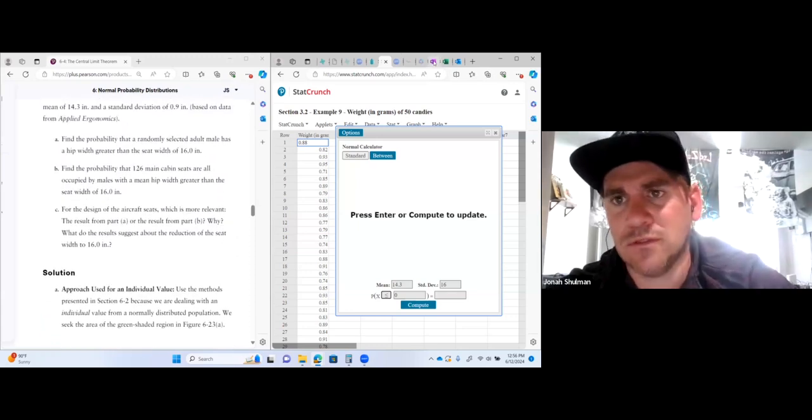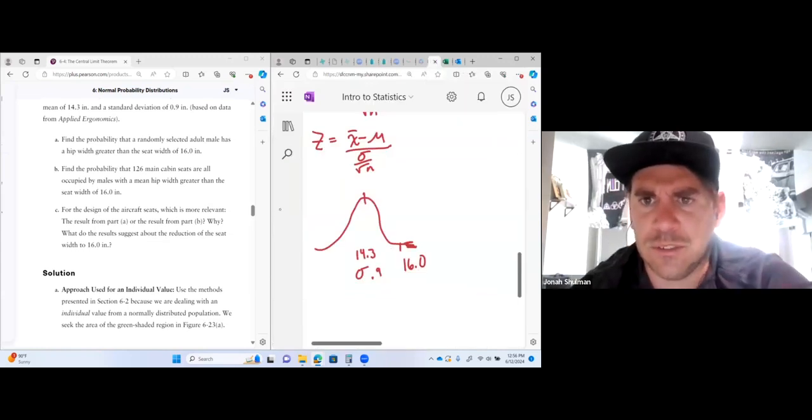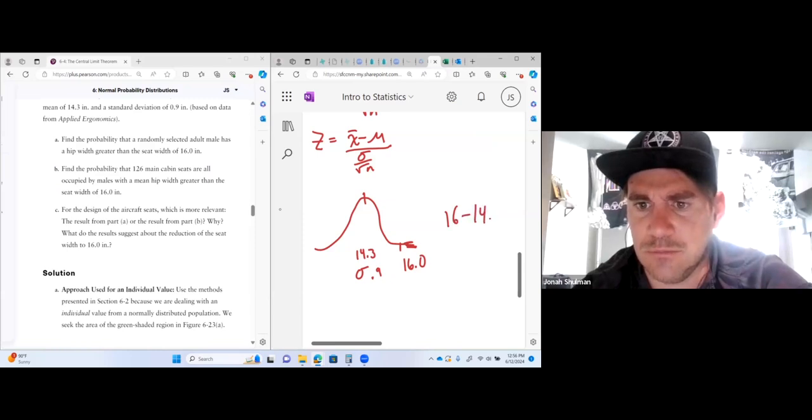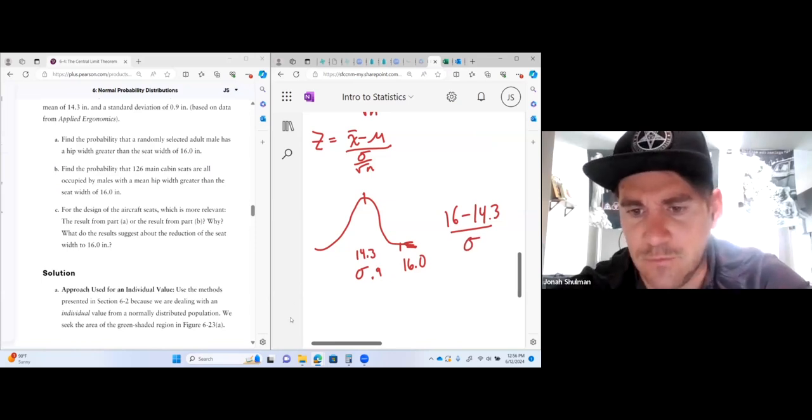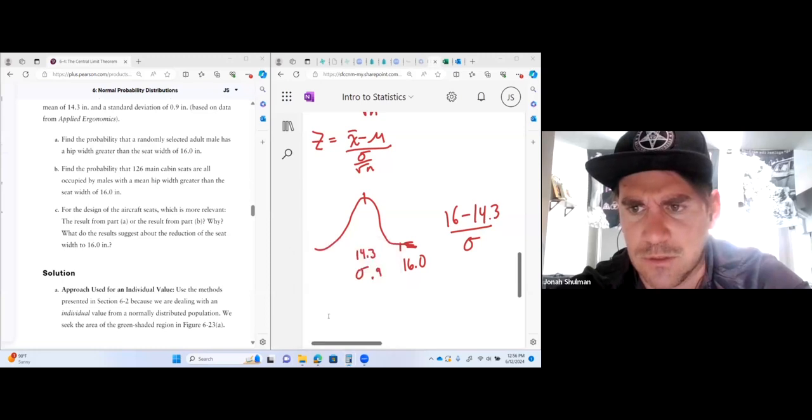Now, the first thing we have to do is find the z-score in order to do this. So the normal z-score is without this piece. So we have 16 minus 14.3. And then all we have to do is take this and divide by the standard deviation. That's the first step. Let's see what this percentage is. What's the probability that somebody's above this?